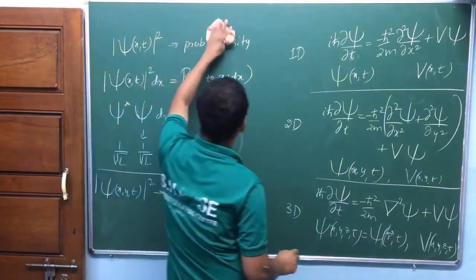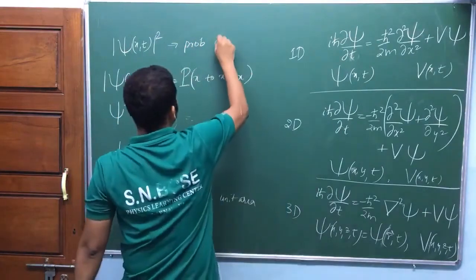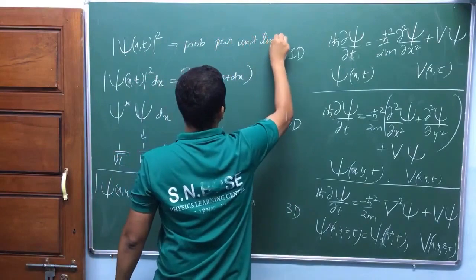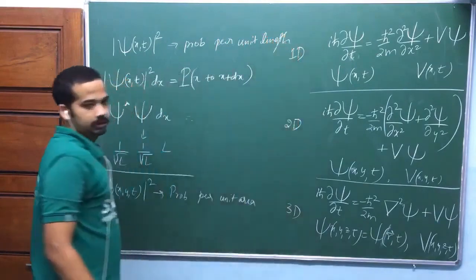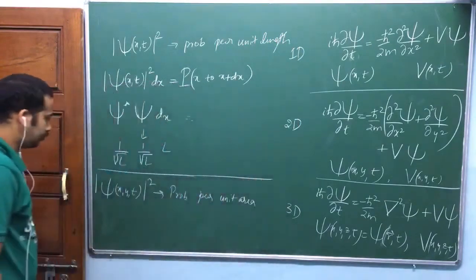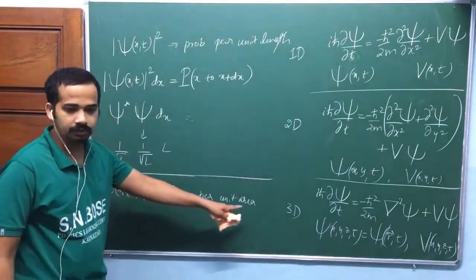In case of 1 dimension, it was probability per unit length. In case of 2 dimension, it is probability per unit area.